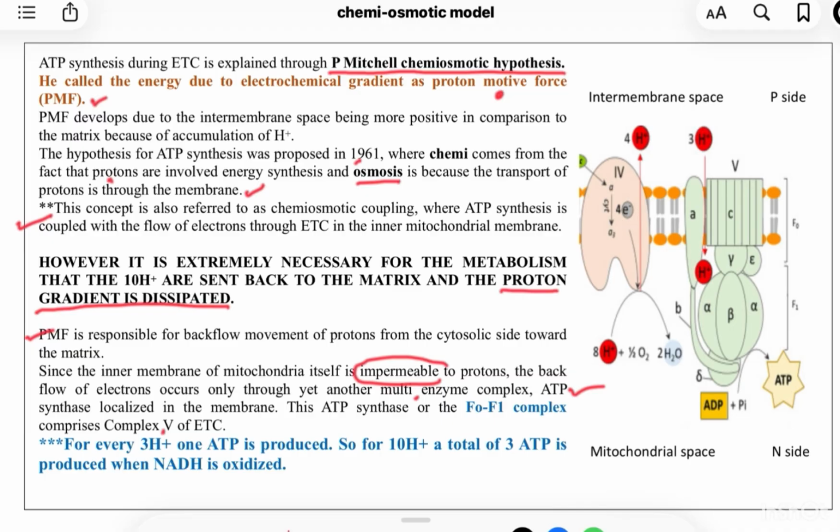Third, it is this final movement of protons which leads to the ATP synthesis, which is, in case of NADH, 3 ATP molecules per NADH, and for FADH2, it is 2 ATP molecules per FADH2. This is the general concept of calculation.